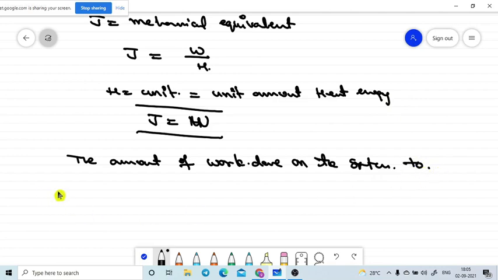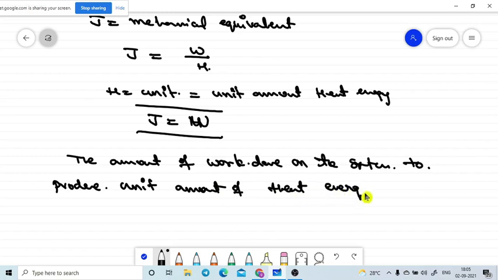That is called the mechanical equivalent, called J.